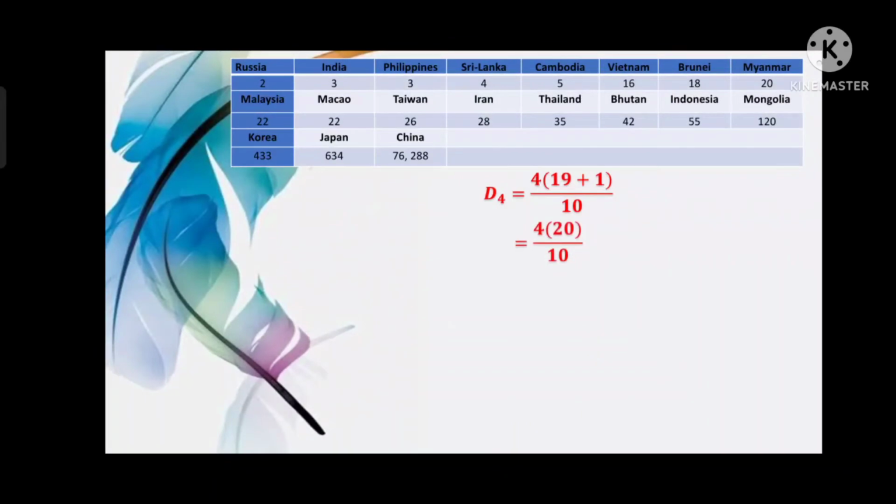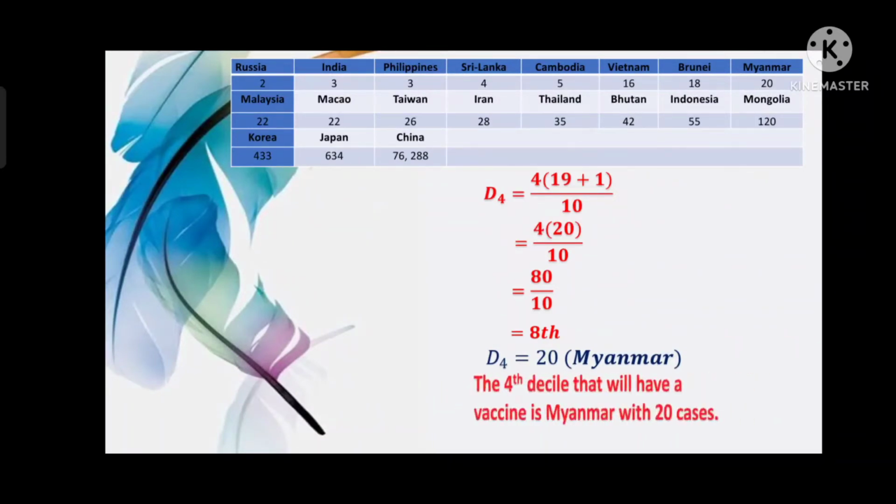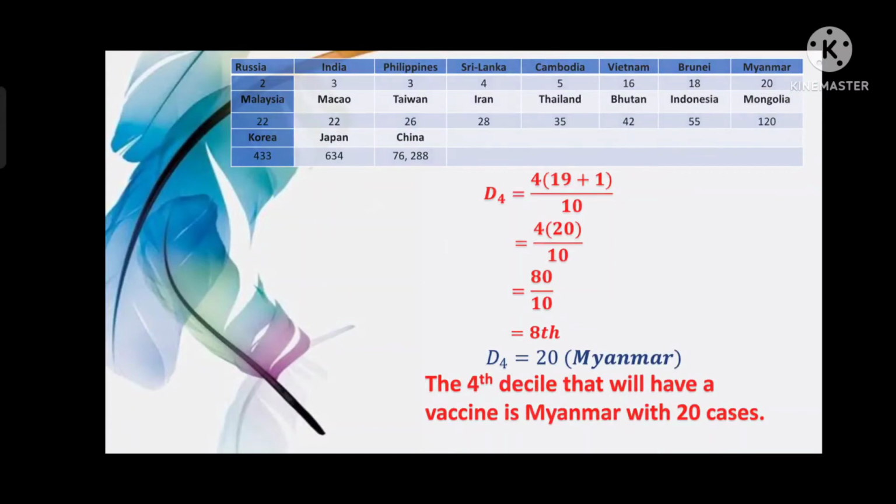So we have 4 times 20 all over 10, which is equal to 80 over 10. We have the final answer, which is 8. So we have the 8th position. D4 is equal to 20, which is Myanmar. The 4th decile that will have a vaccine is Myanmar with 20 cases.